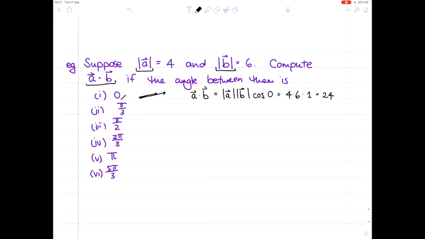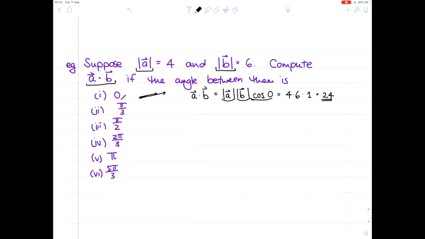And you'll notice that 24 is the biggest possible value we could have for A dot B, because the size of A and the size of B are fixed, and changing the angle is going to give us something that lies between -1 and 1, because our cosine lies between -1 and 1. So when cosine is equal to 1, we have the biggest possible value for our dot product.